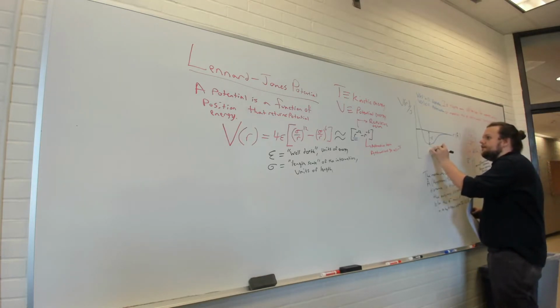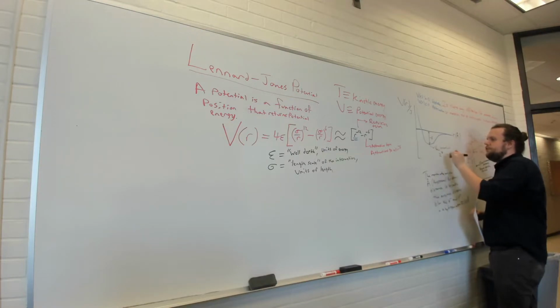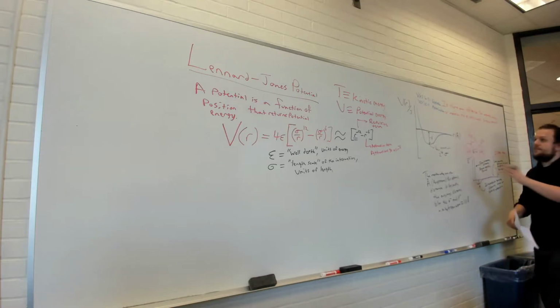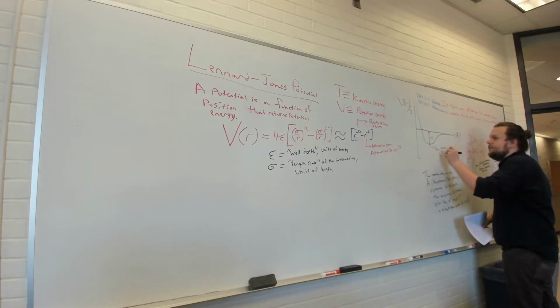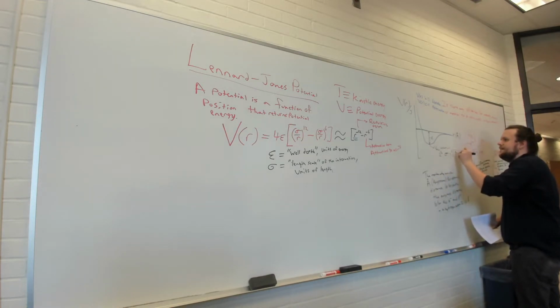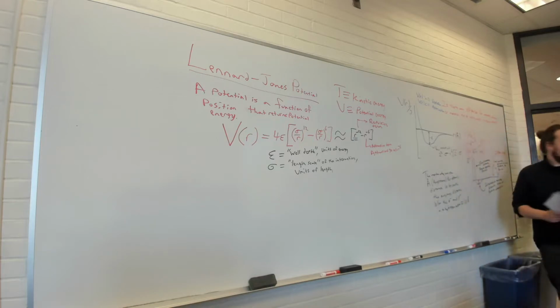And of course, the V min, the minimum energy, occurs at, it turns out, 2 to the 1/6, the 6th root of 2, times sigma. So that's equal to sigma times the 6th root of 2.